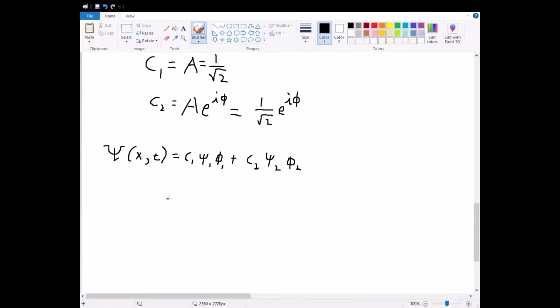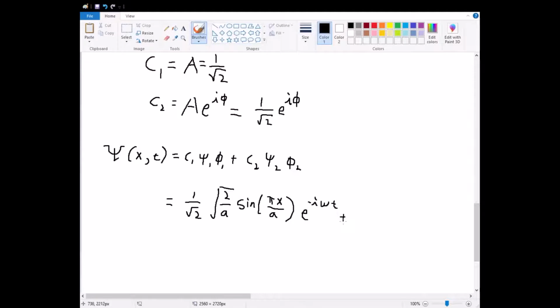And if we write this out fully, we'll start off with 1 over square root of 2 times square root of 2 over a, which is the coefficient in front of the psi 1 terms, times sine of n pi x over a. Since n is 1 here, we just have sine of pi x over a. And then we have e to the power of, I think this is negative i omega t, which we already found in 2.5. Look back there if you're not sure how I'm getting these values.